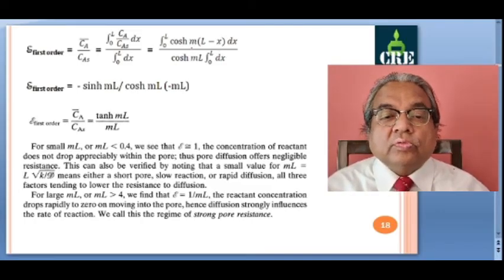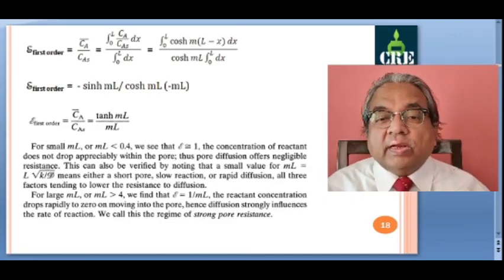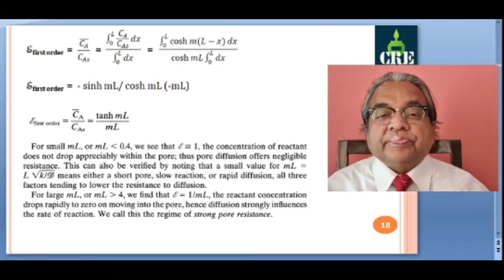So what will we get here? The integral of dx is x, and L minus 0 is L, and for the denominator we have mL and minus mx, so minus m will come here.